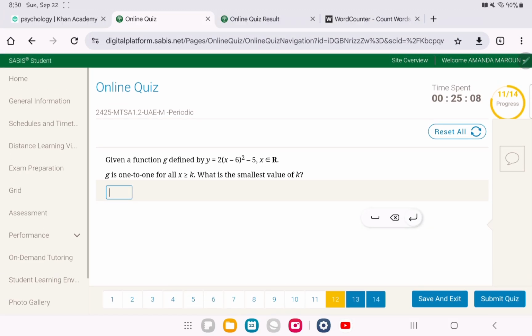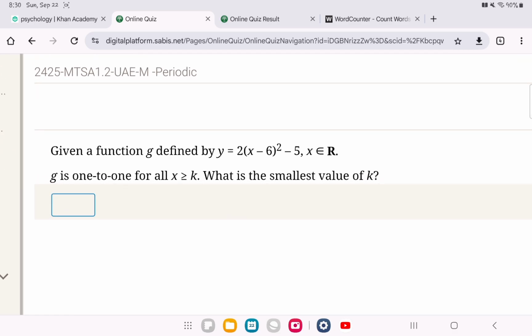Question number 12. g is 1-to-1 for all x greater than or equal to k. What is the smallest value of k? Now, what do we do in this question? We take the value inside. We have x minus 6.